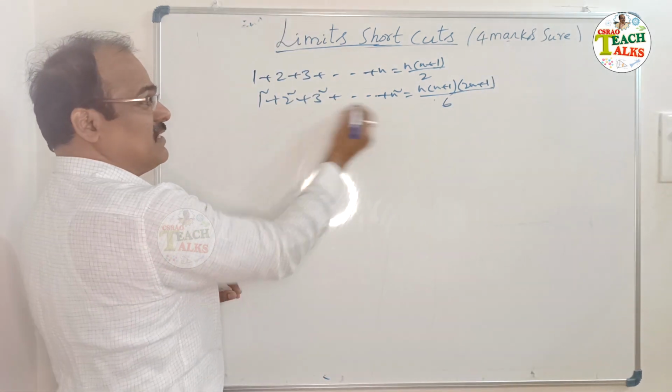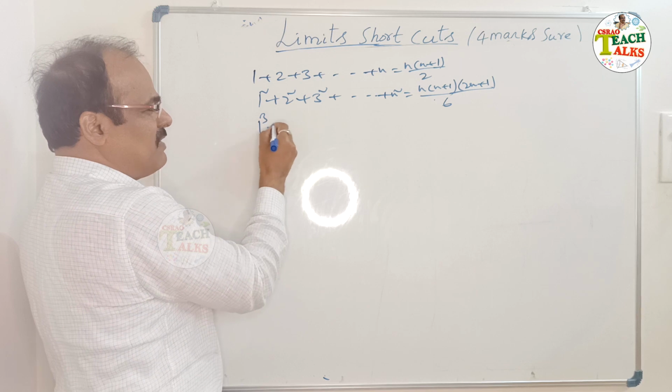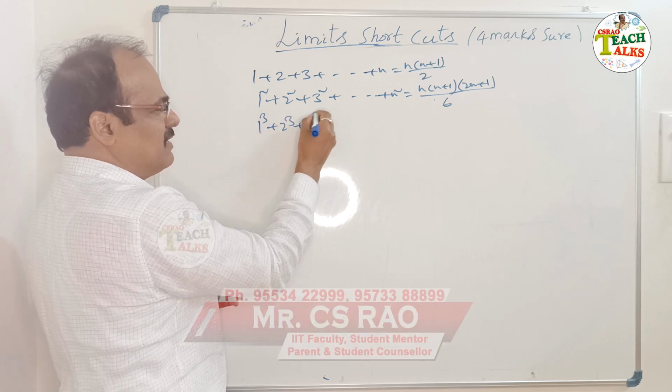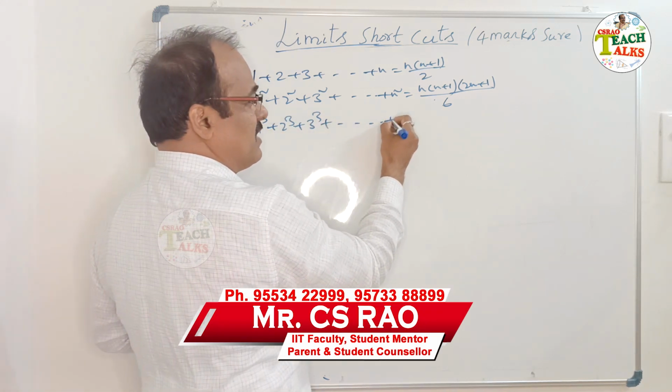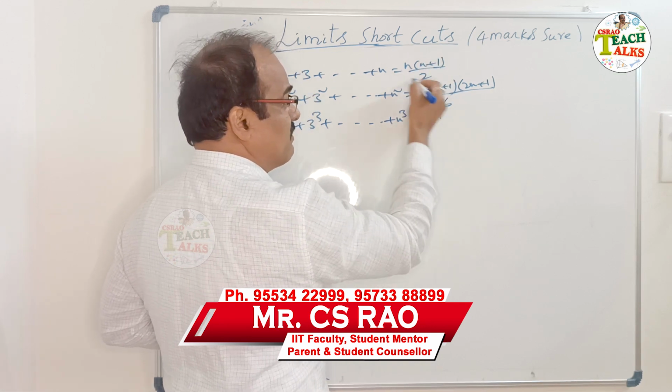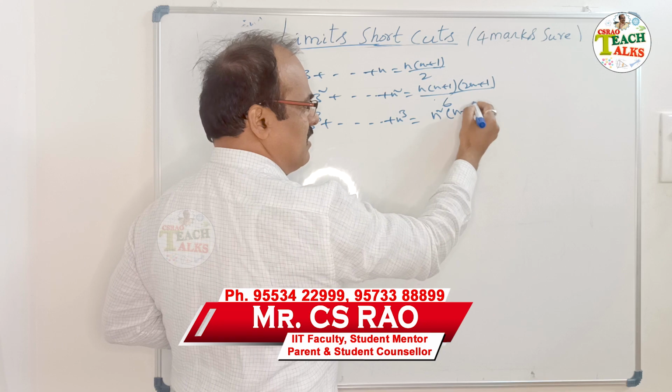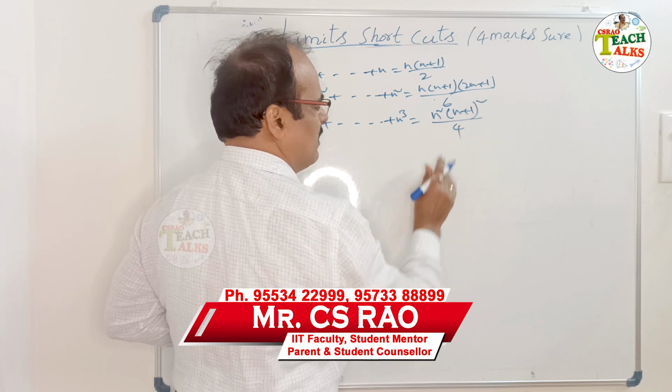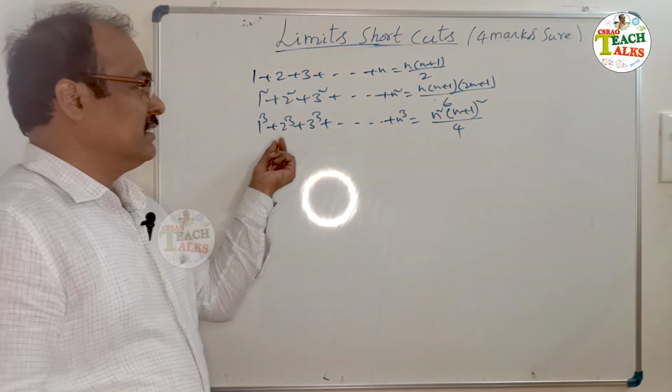This one, sum of the squares of the natural numbers. Sum of the cubes of the natural numbers, 1 cube plus 2 cube plus and so on plus n cube, is n square into n plus 1 whole square by 4.